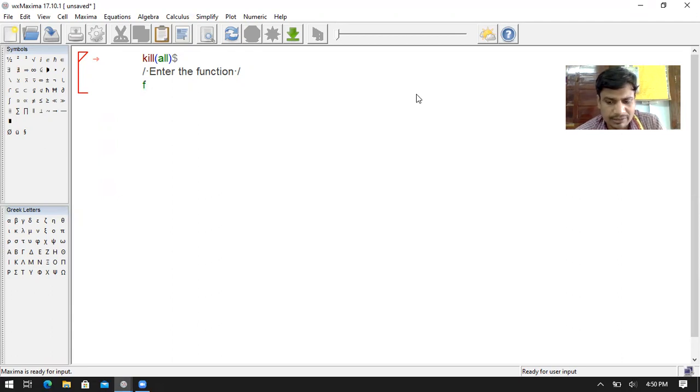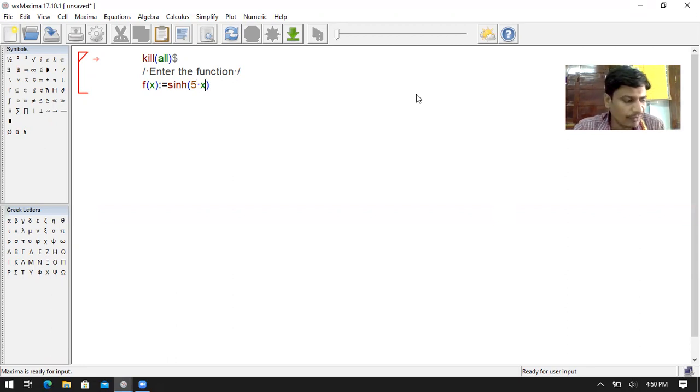After that, the function. In your question it is f of x. Remember this is important: f of x colon equal to sine hyperbolic of 5x. Sinh means hyperbolic. Sine hyperbolic of 5x means you take 5 star of x.